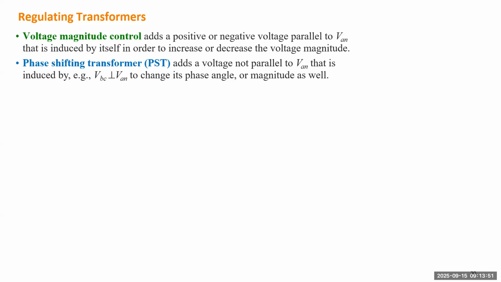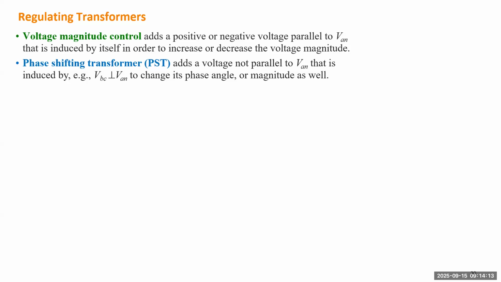That voltage is induced by itself, which means they will add a voltage phasor to the original voltage phasor. So that added voltage phasor can be positive or negative depending on direction, which can cause increasing or decreasing of the original voltage. So that's the idea.